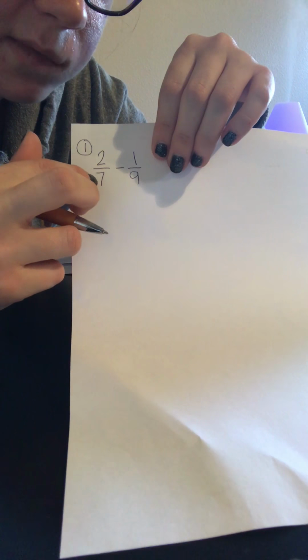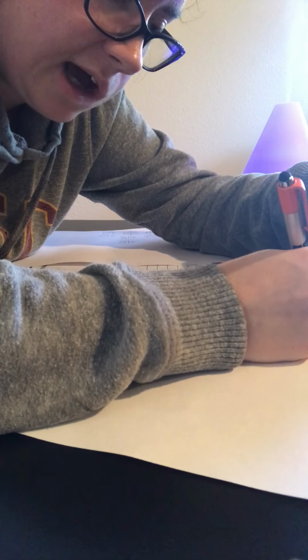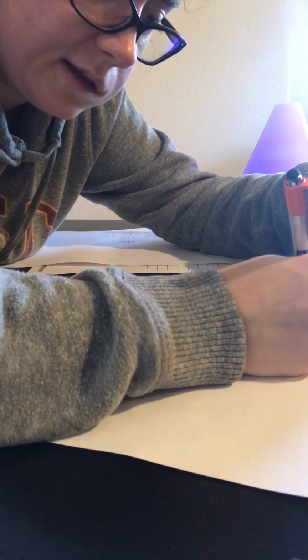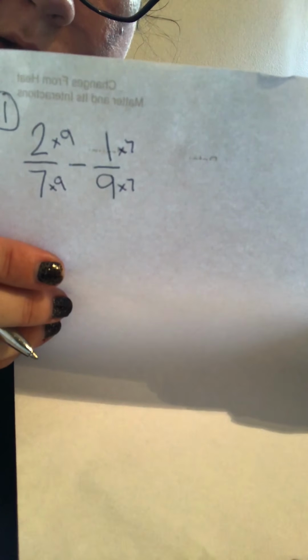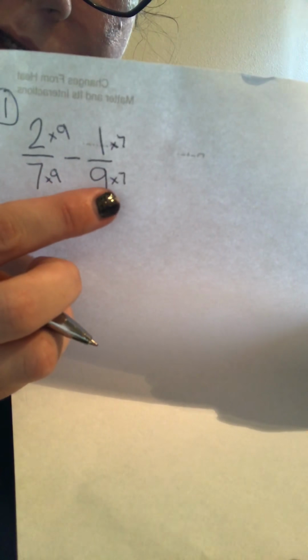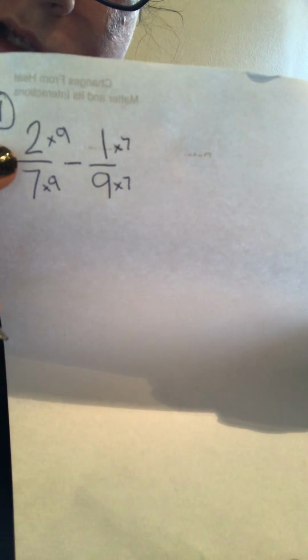So 7 times 9, and the top 2 times 9. The bottom 9 times 7, and the top 1 times 7. So see how I multiplied them against themselves? I took 7, multiplied against 9 on the top and the bottom, and then I took 9, multiplied against 7 and 1.